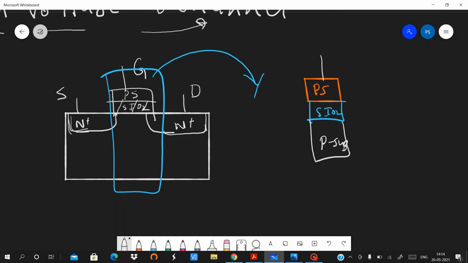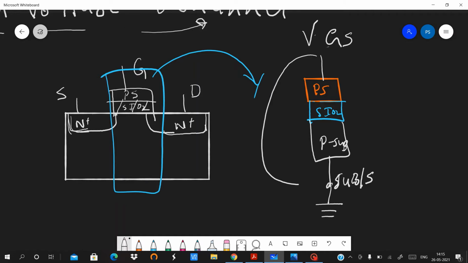And here is the voltage which you apply, and this is our substrate, and usually the substrate is connected to the source. This is your gate voltage. So let me apply a voltage here, VG, with respect to the bulk. So this is like a ground. So when I say VGS, it is with respect to ground or the substrate. So this is the potential applied between the gate and source.